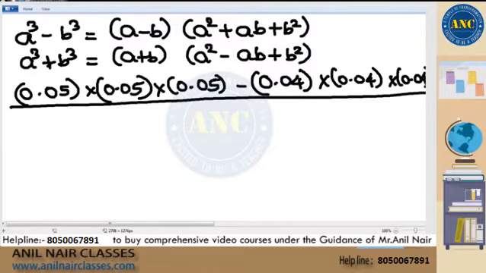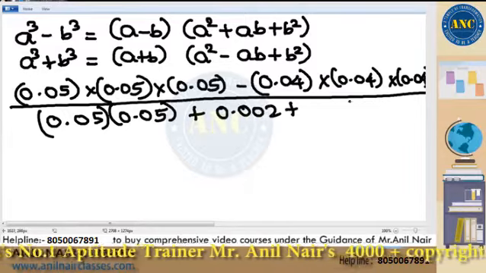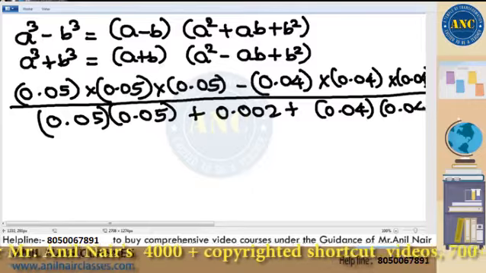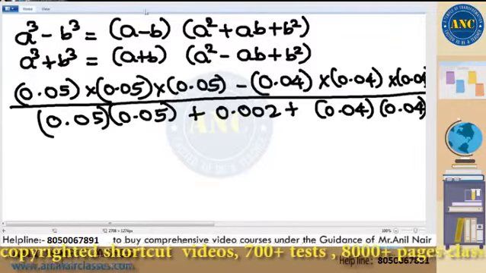The whole thing is divided by 0.05 into 0.05 plus 0.002 plus 0.04 into 0.04. I believe that you are able to understand the question. I need to find the value of this expression, whatever I have written.